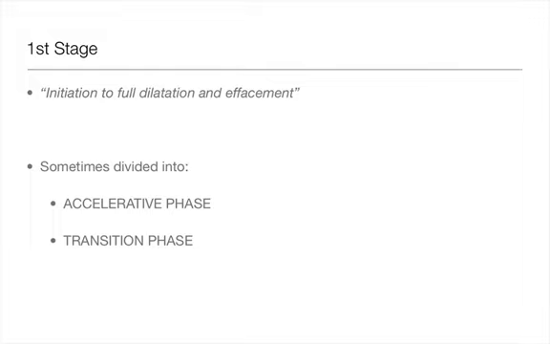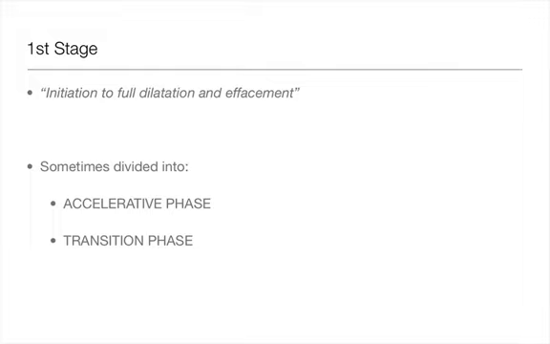The first stage is sometimes divided into the accelerative phase and the transition phase. So before labour, the cervix is closed. During ripening, or the latent phase, the cervix becomes soft and starts to open. The accelerative phase is where the cervix increasingly opens from 2 to 3 centimetres or so to about 8 or 9, and then just before full dilatation there is the transition phase.